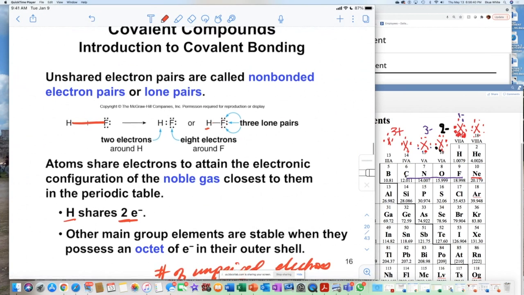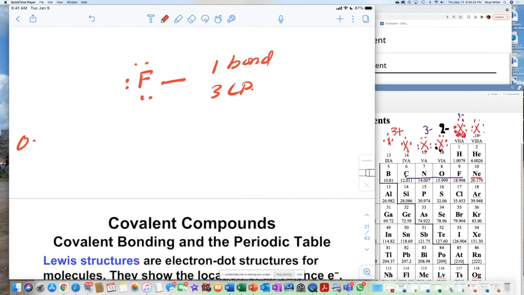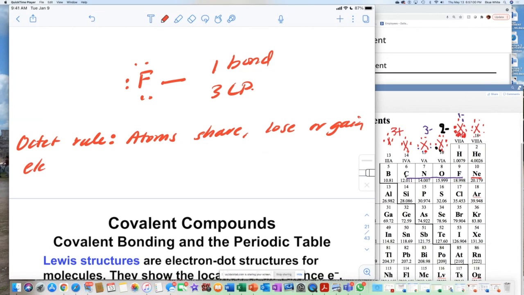So I'm going to say this right here as we talk about the rule of 8 or the octet rule. I need to add this. The octet rule, of course, says this: that atoms share, lose, or gain electrons to be surrounded by 8 electrons.